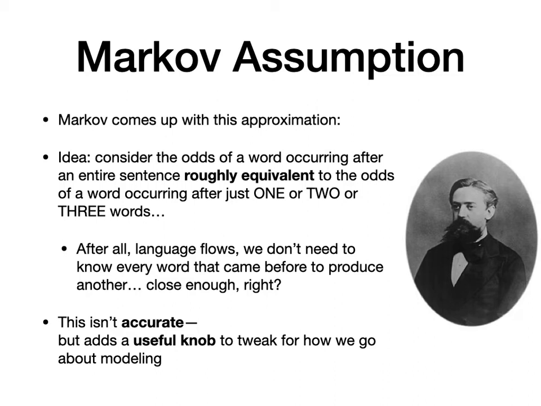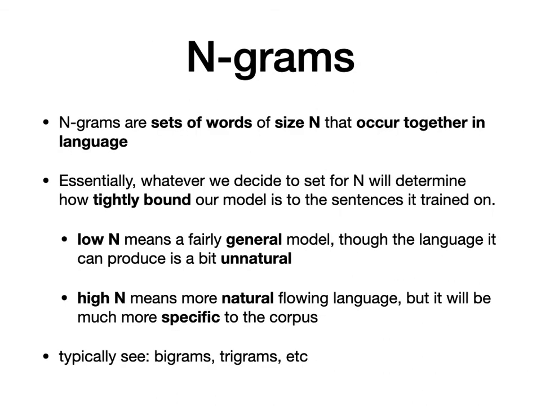So that's where we get into the idea of n-grams. N-grams are sets of words of size n that occur together in language, in our corpus, for example. Essentially, whatever we decide to set for n will determine how tightly bound our model is going to be to the sentences that it trained on. So a low n means a very general model.